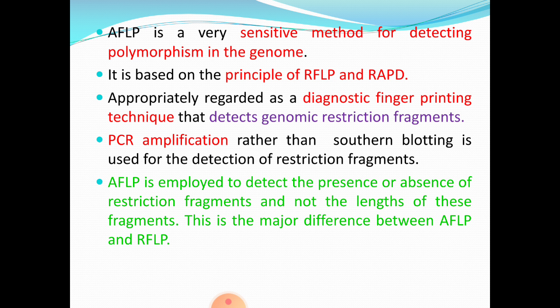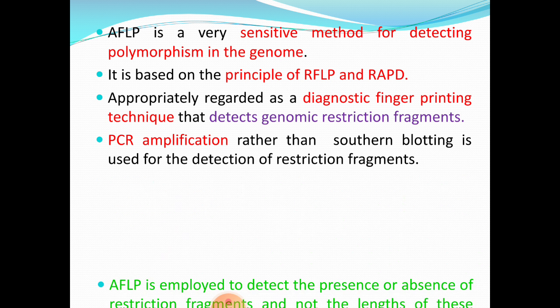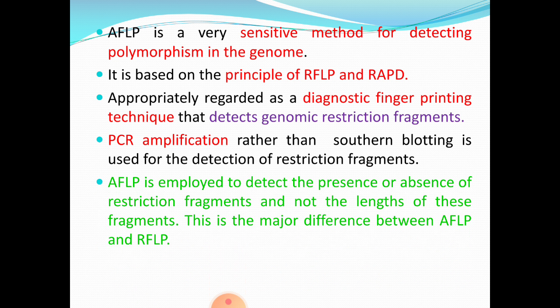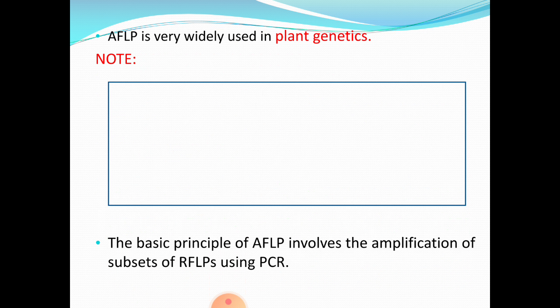I repeat, AFLP is employed to detect the presence or absence of restriction fragments, not the lengths. So that makes the technique quite sensitive. Since it is very important, I have highlighted it this way.